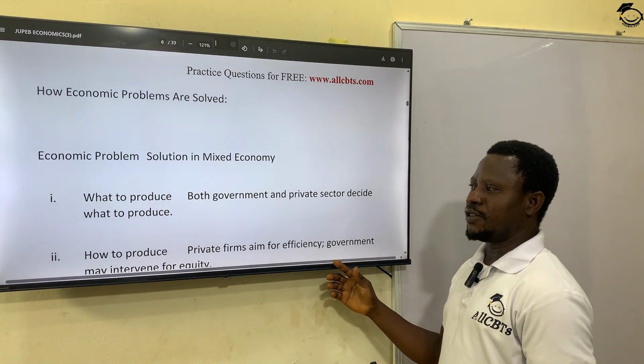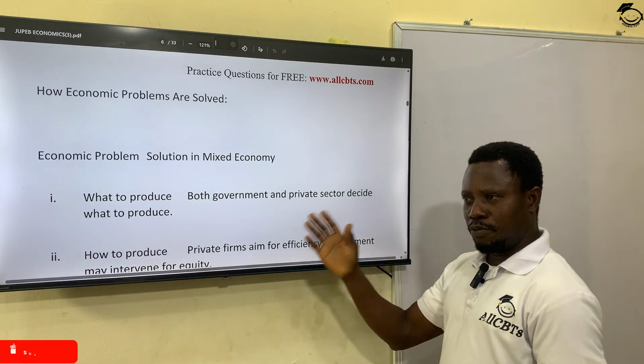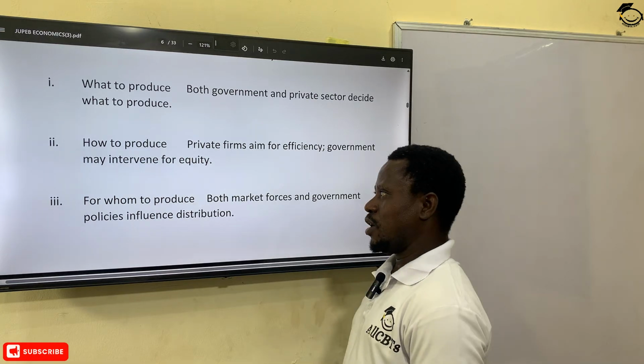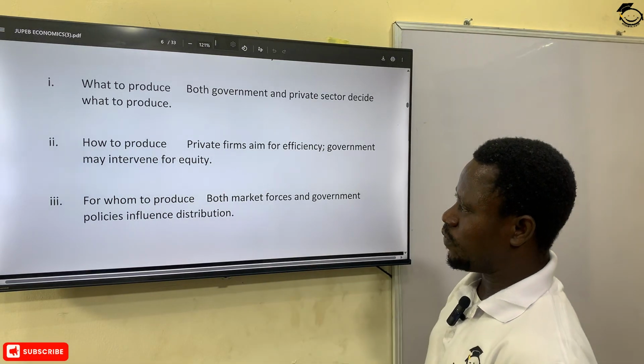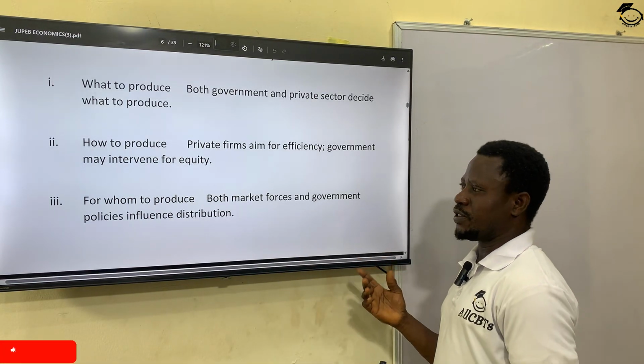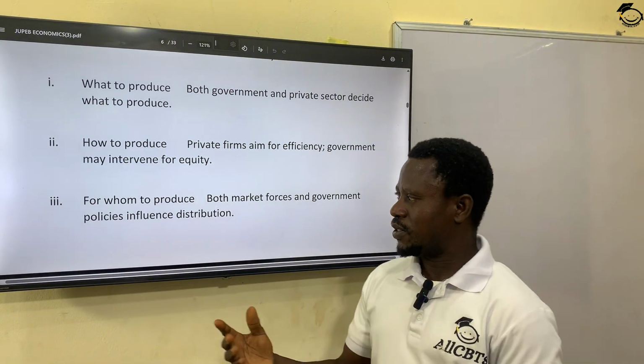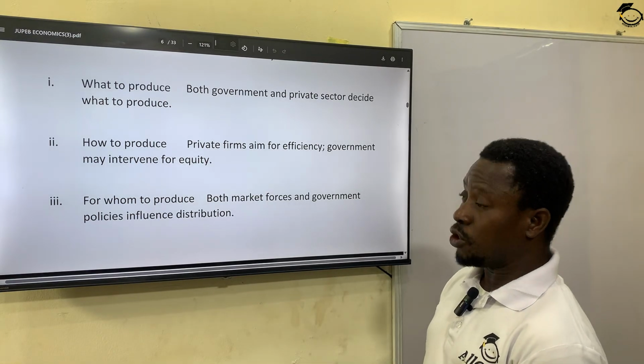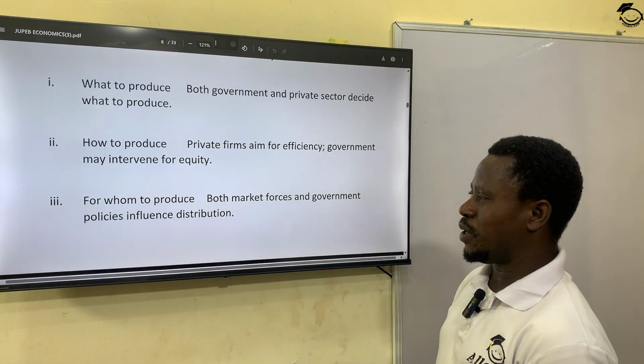The same applies to how to produce: both the private firms and the government intervene for equity. Likewise, for whom to produce, the market forces and the government policies influence the distribution of the goods that are produced, who is going to benefit from them.